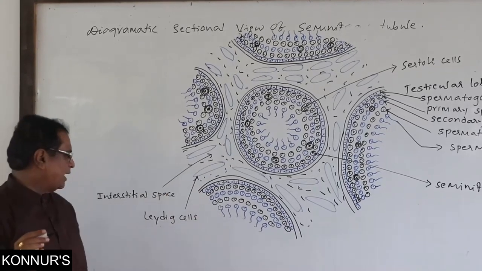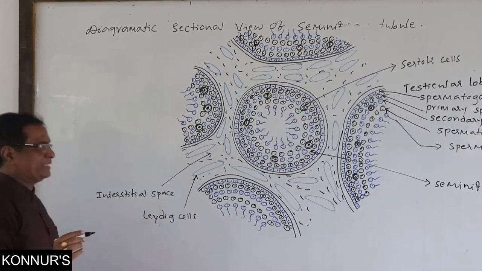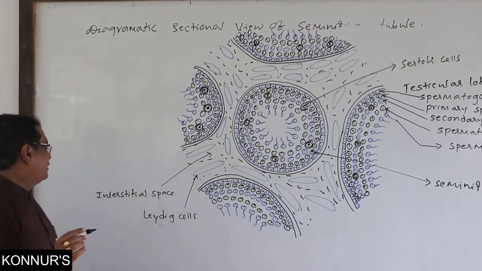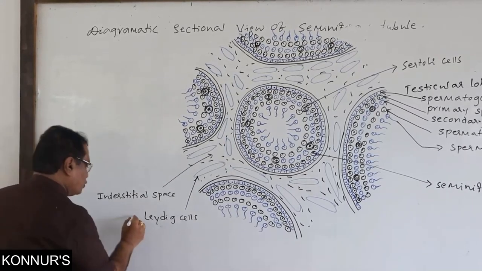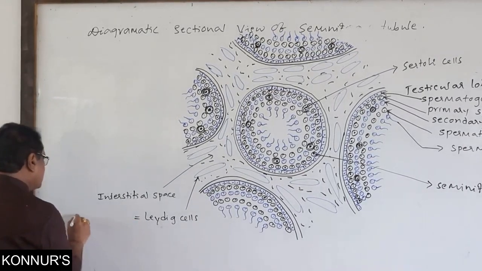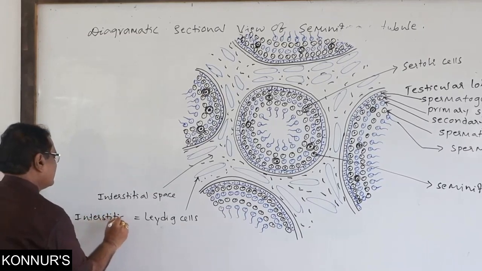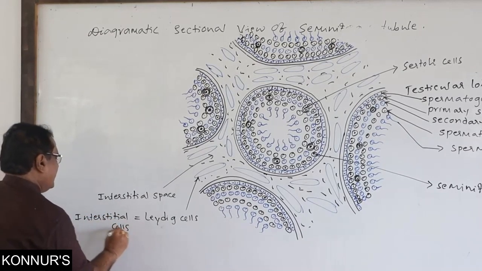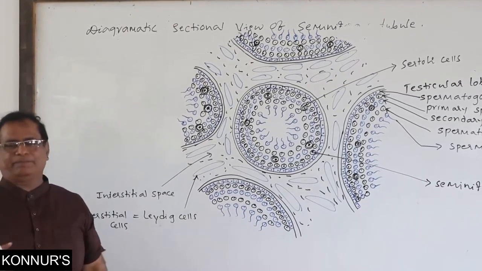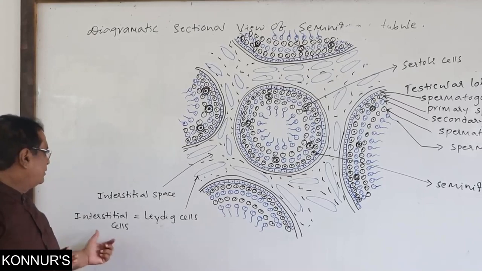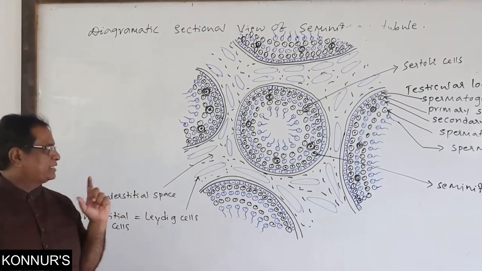As these Leydig cells are there in the interstitial space, they are also named interstitial cells. Leydig cells or interstitial cells are meant for the production of testosterone.